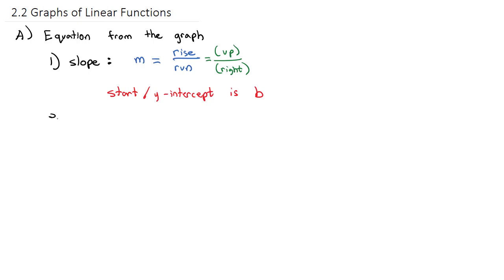So, for example, I have this graph here.